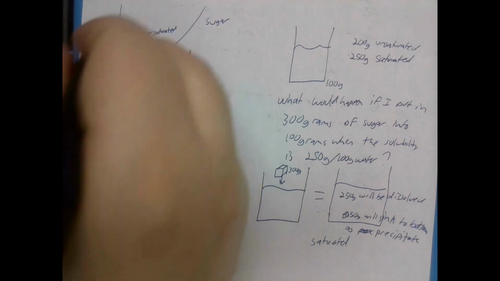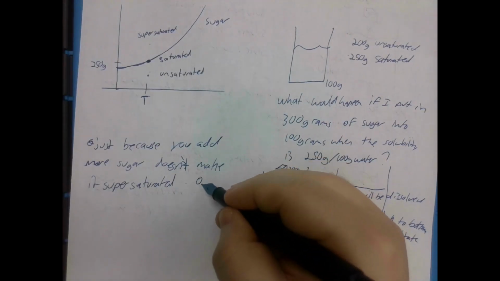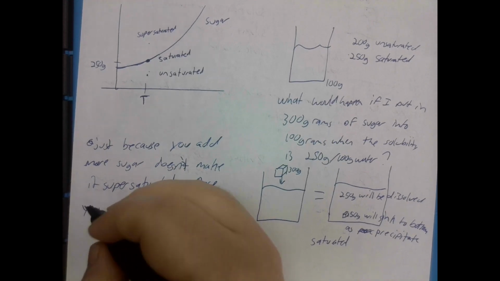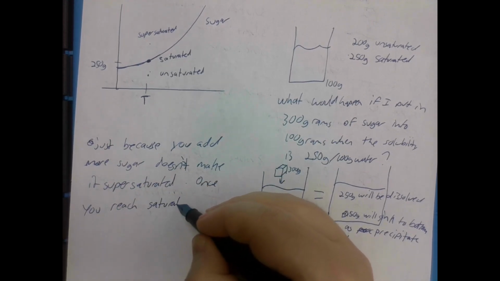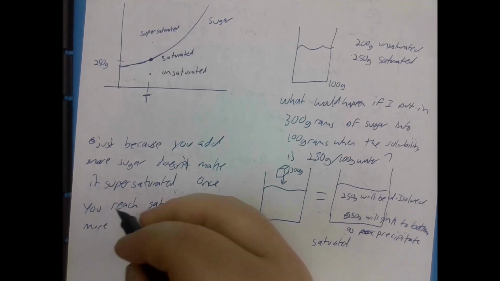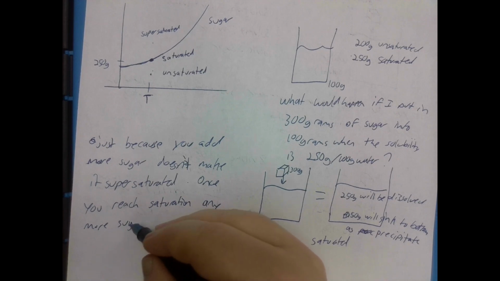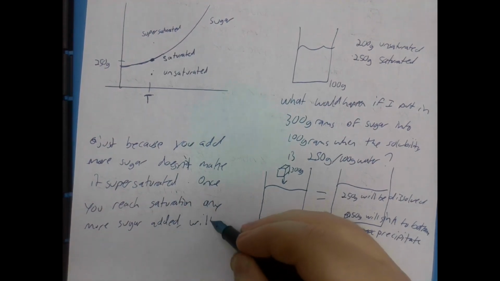It doesn't actually get it above this line. Once you reach saturation, any more sugar added will not dissolve.